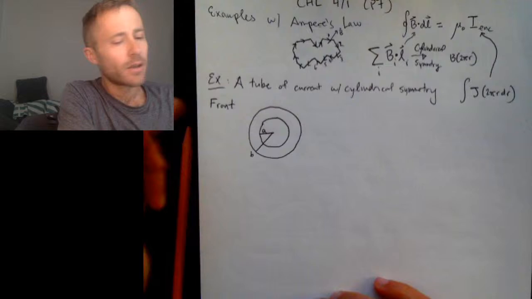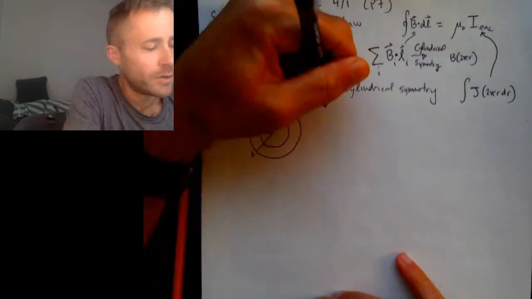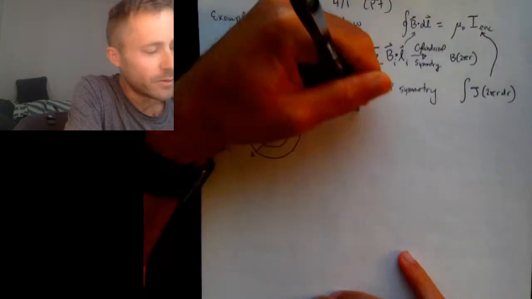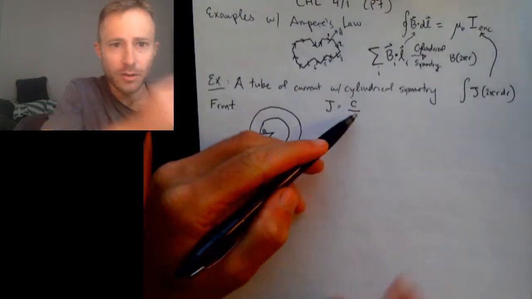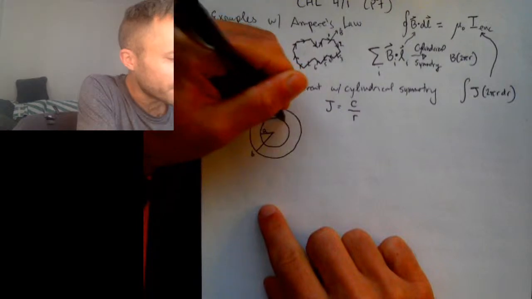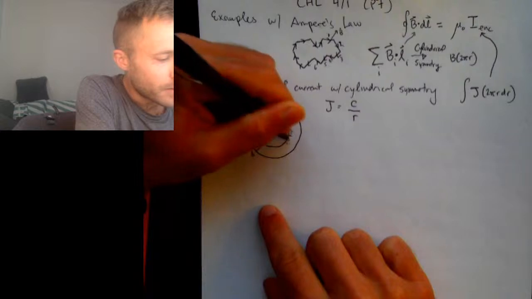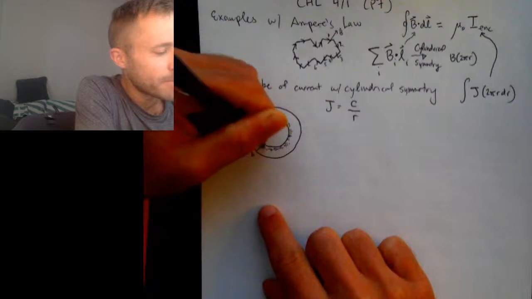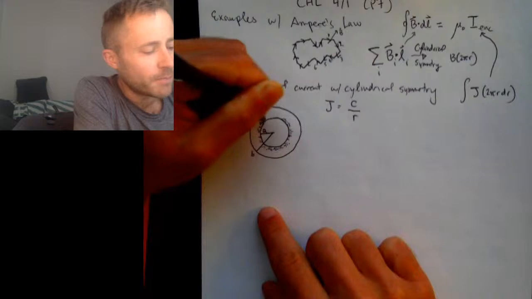The current density within the tube is equal to some constant, which I'll call C, divided by r. So what that means, because 1 over r is a decreasing function, is that there's more current on the inner wall of the tube. Okay, so I don't know why I'm spending the time to draw this, but why not?